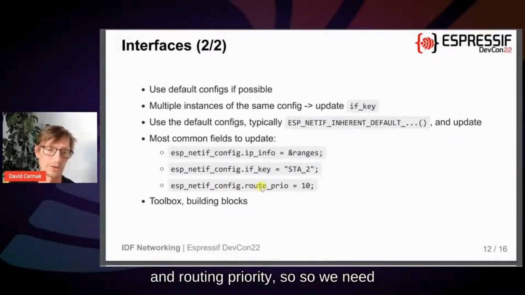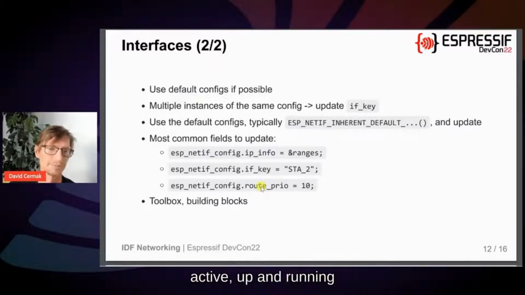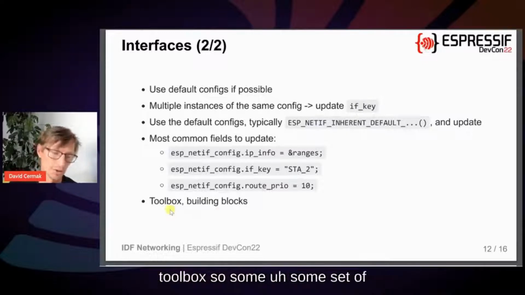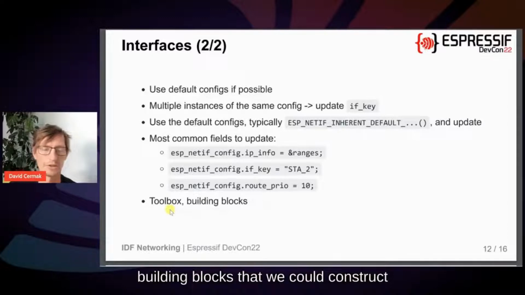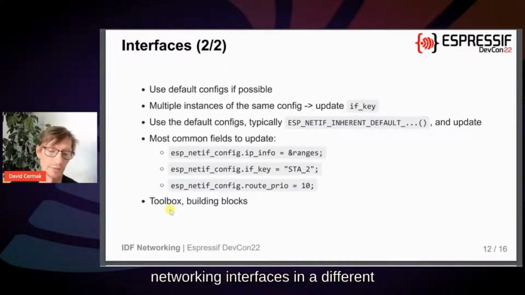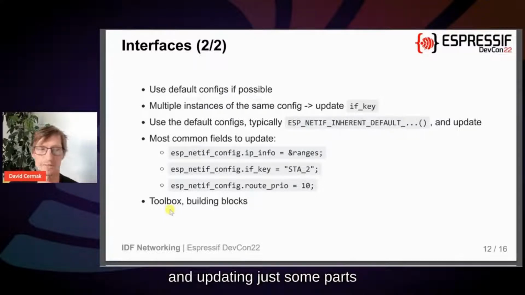We need to set up the rules for which interface would be the default if all of them are up and running. So we can look at ESP-NetIF as a toolbox, a set of building blocks with which we can construct different networking interfaces in different ways, using some default configuration and updating just some parts.